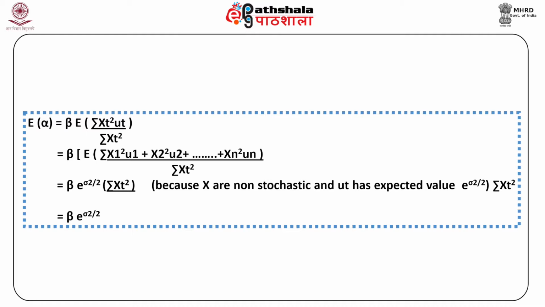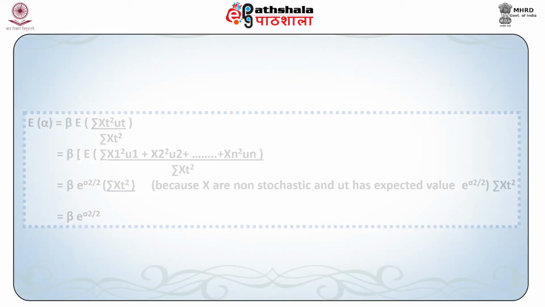Now this is equal to beta e raised to sigma square divided by 2 into summation xt square, because x are non-stochastic and mu t has expected value e raised to sigma square divided by 2, divided by summation xt square. Now this is equal to beta e raised to sigma square divided by 2. Hence, alpha hat is a biased estimator of beta.